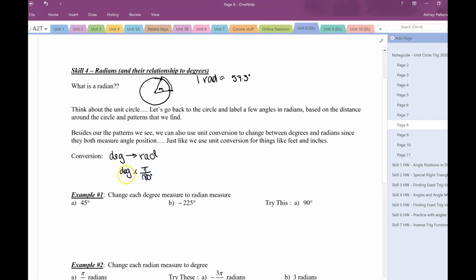Your units of measure will cancel out, and then you'll be left with the radian measure. If you're going from radians to degrees, you'll have some radian measure in pi, and you're going to multiply that by 180 degrees over pi.